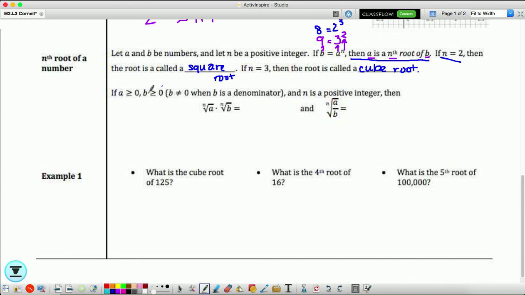So if we were to look at radicals like we are used to, and n is a positive integer, then we can look at this a couple different ways. So since these are the same root or the same radical, we could combine this to be in the same nth root, but we can combine a times b.